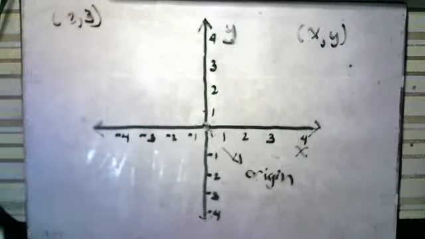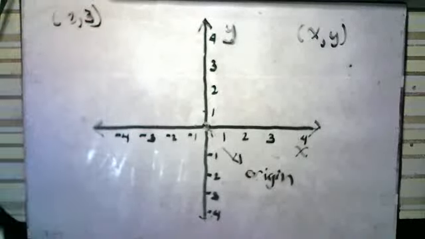Let's start with 2, which is your x-axis. So we first look for 2 on the x-axis. Where is 2? Here. Do you see it? After you locate 2 on the x-axis, you go to the y-axis, and that will be your 3. So you look for 3 on the y-axis.